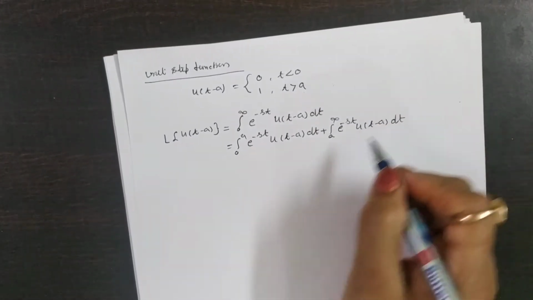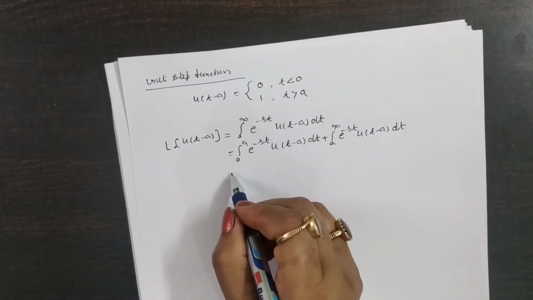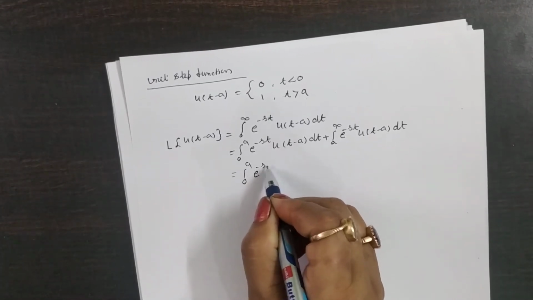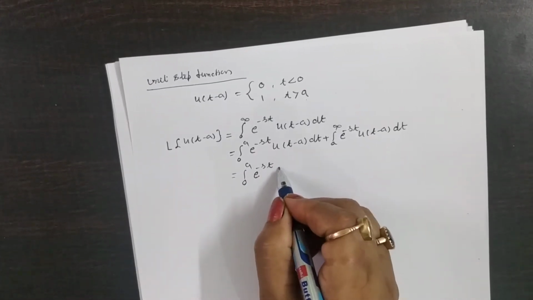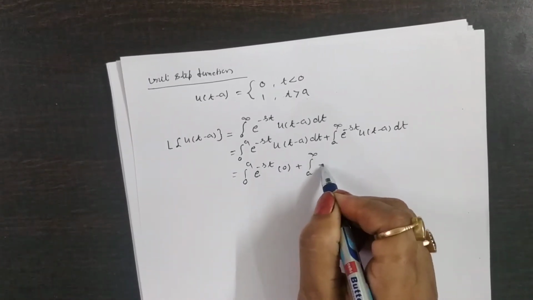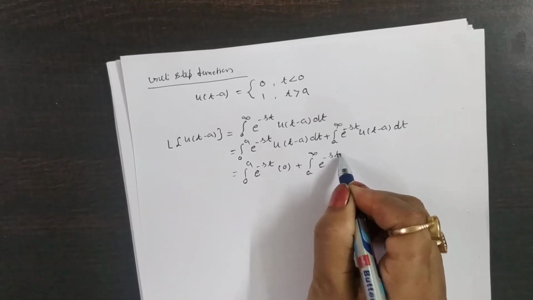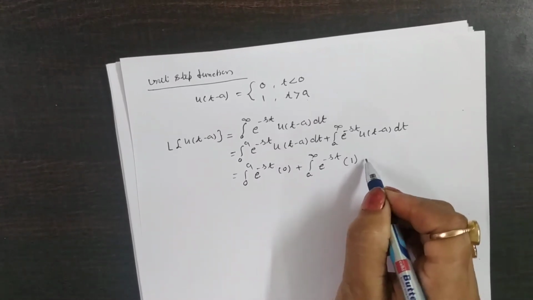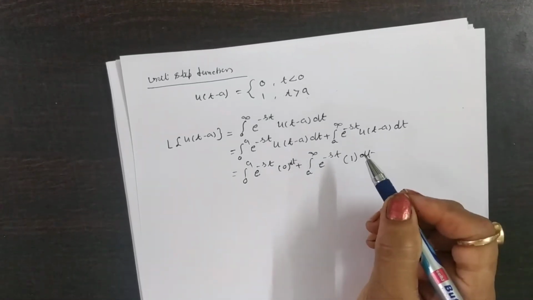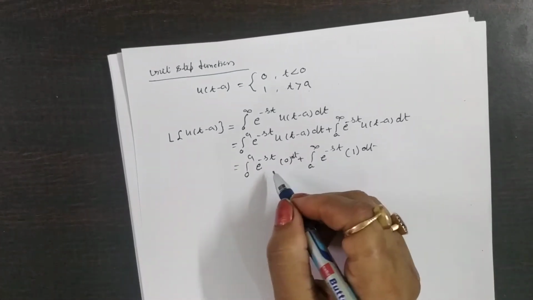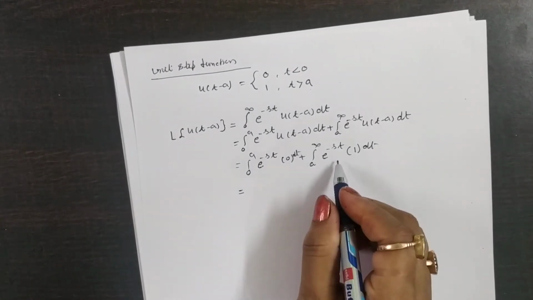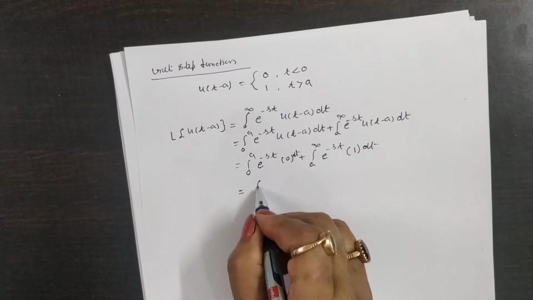Now substituting the values, the first integral from 0 to a has the unit step value 0, and the integral from a to infinity has the value 1, with dt. So the first part is 0, and you get the value of only the second integral.